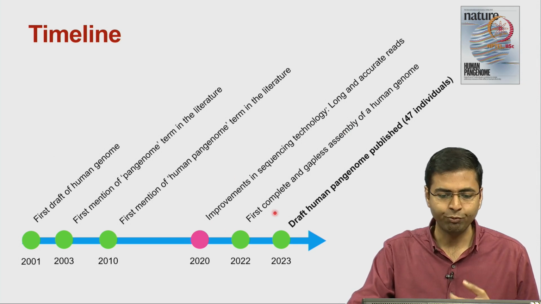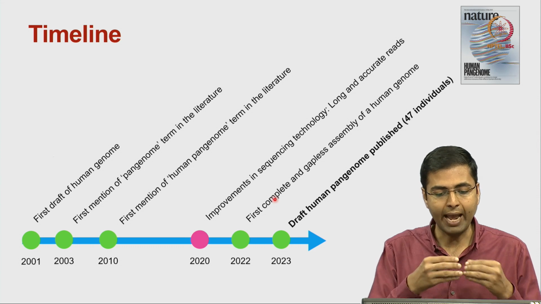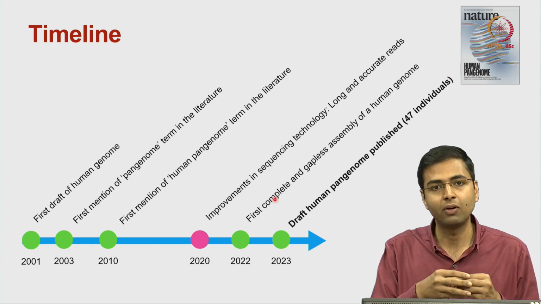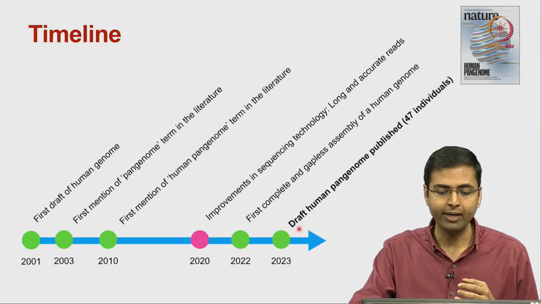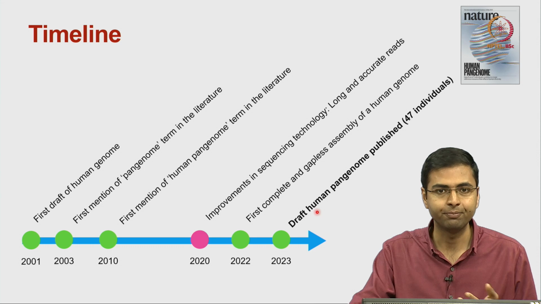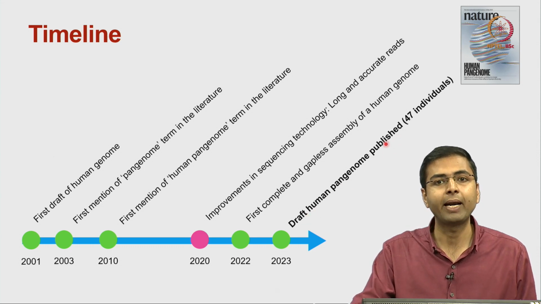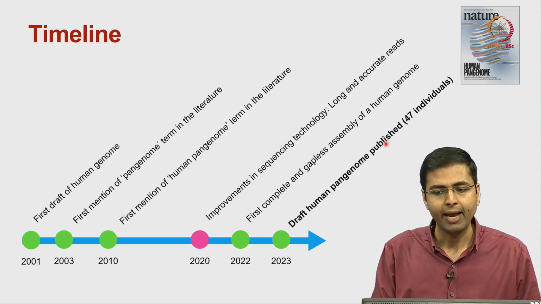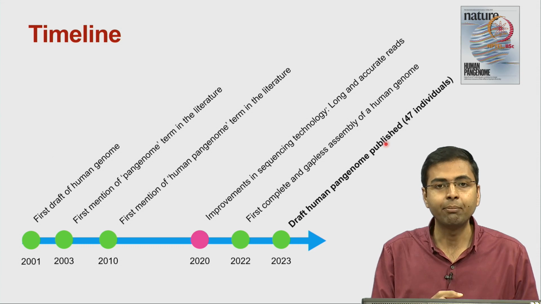Now, because of these improvements in assembly quality, and because we now have access to high quality human genomes, 2023 was when the first draft of a human pangenome was published. This draft human pangenome comprised genomes of 47 individuals, and these are high quality genome sequences assembled using the latest sequencing technologies.